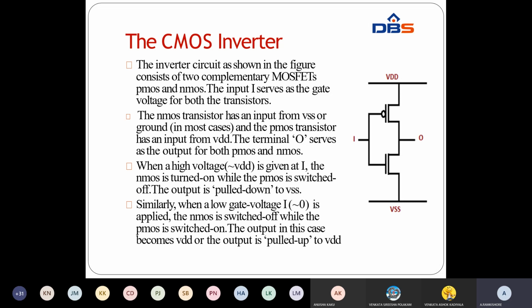Before the invention of the bipolar junction transistor, there was another type of transistor called the metal oxide semiconductor field effect transistor, that is nothing but MOSFET. Simply we can call it a MOS transistor.